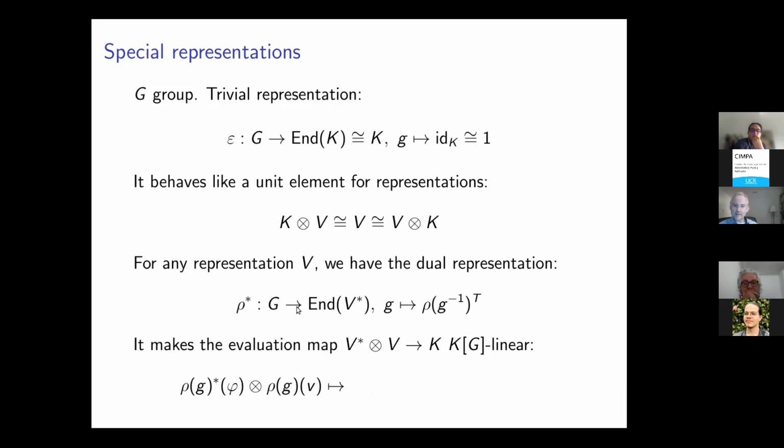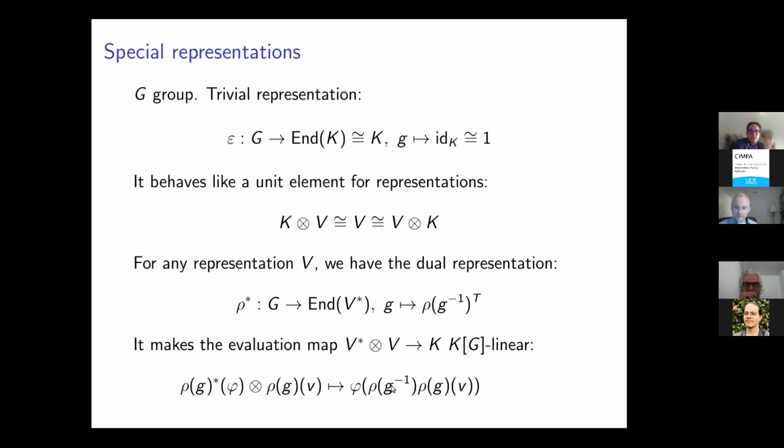And then I apply this evaluation map, so I evaluate these on each other. Because rho star is defined via the transposition, if I evaluate, this moves into the argument because of this transposition, and then the corresponding element over here comes inside.